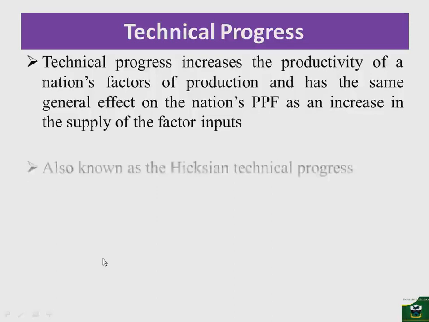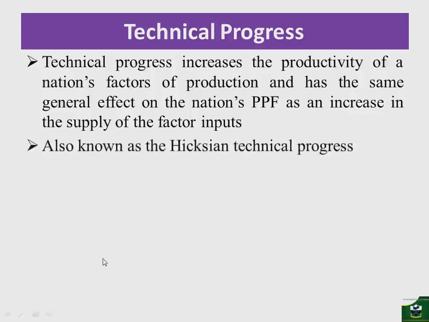As such, we also call technical progress Hicksian technical progress. This comes about because of the person who brought it into this theory, John Hicks, so it is named after John Hicks and termed Hicksian technical progress.